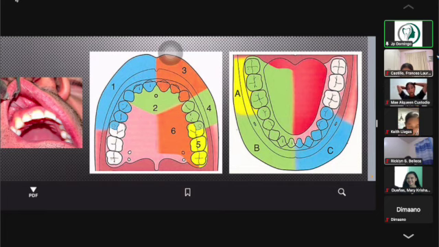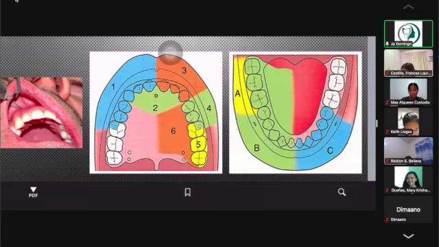Number 3 is the anterior superior alveolar nerve block. Number 4, the middle superior alveolar nerve block. Number 5, the posterior superior alveolar nerve block or the PSAN. And then number 6, the greater palatine nerve block. Okay, now for the lower: letter A, long buccal nerve. B, the inferior alveolar. C, mental. Okay?